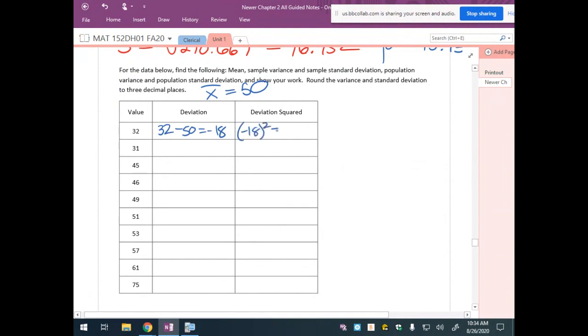Negative 18 squared is 324. Let's see, we get negative 19, negative 5, negative 4, negative 1, 1, 3, 7, 11, and 25.